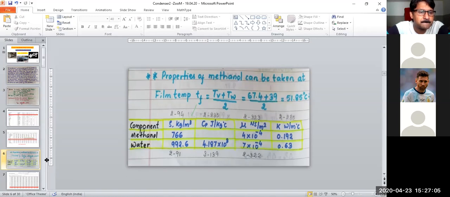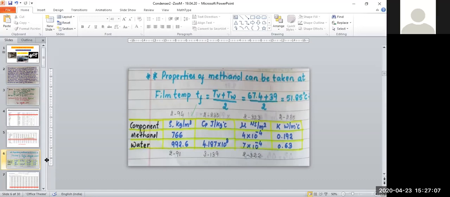Prakruti? Yes, sir. Average temperature. No. Ethanol temperature in the previous class. Average property is for water. So for the other vapor, how have you taken it? See the previous problem, all of you. Nadaf?